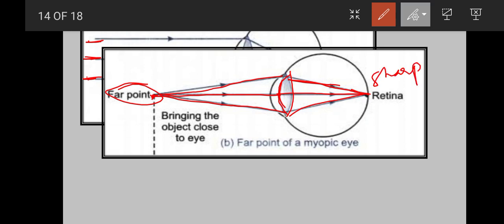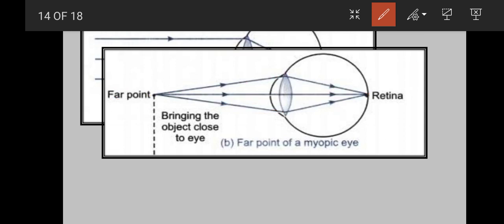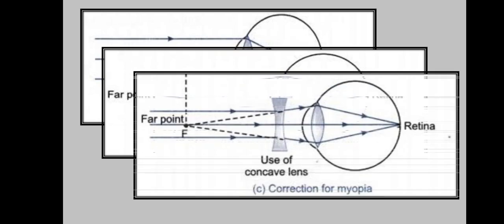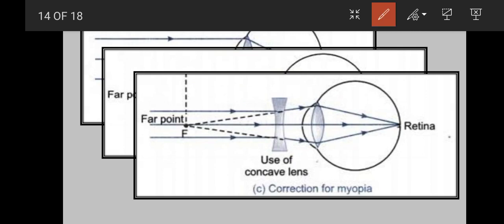But this actually does not happen. How? We have to correct this defect by using the concave lens. And how does this concave lens correct the image? Now you can see that this is the far point of the eye, but the light rays are coming from the distant object.